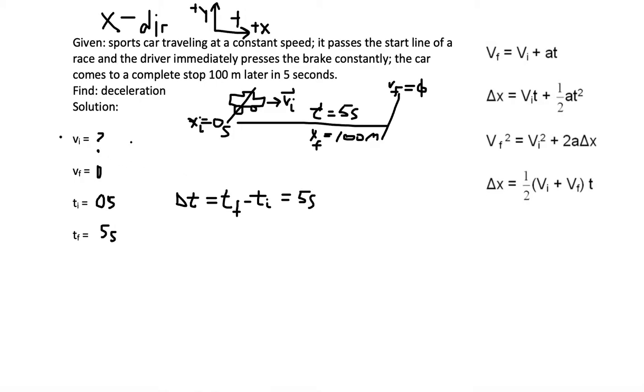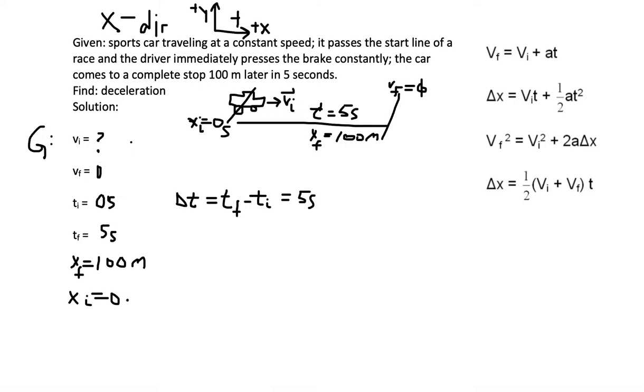Let's go find out what else we have. Oh, we have other information. X final is 100 meters. He has a very poor car. It took him a long time to stop. X initial is 0 meters.